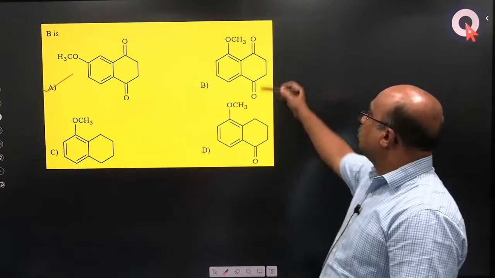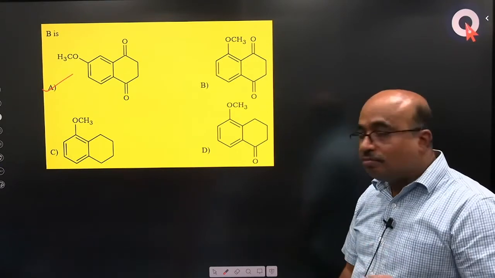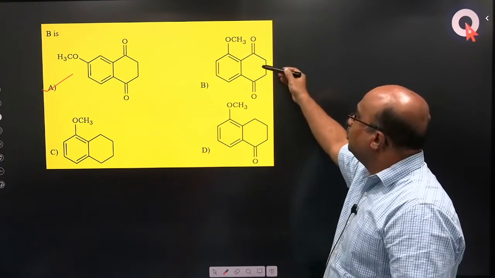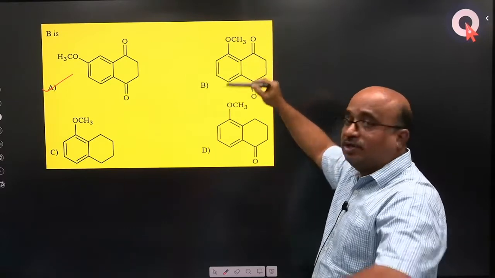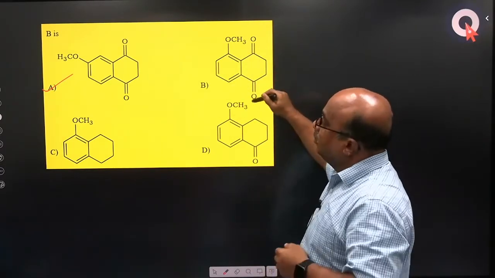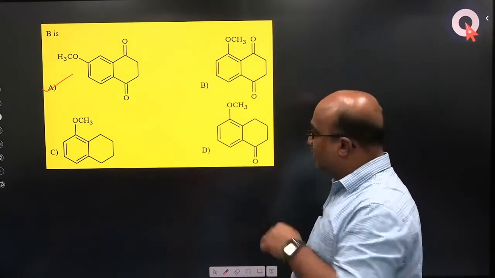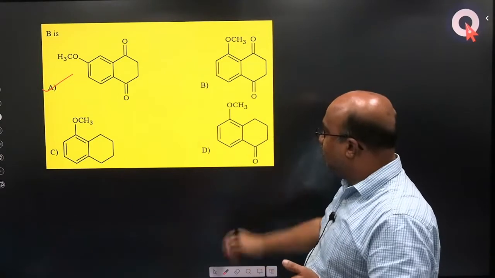But this is at ortho, and first it is not happening at ortho. That's why this cannot be our option. If what was furnished initially is at ortho, which was the major at that stage, then this can be your option for the B compound. But here, anyhow, that is not a possible case.